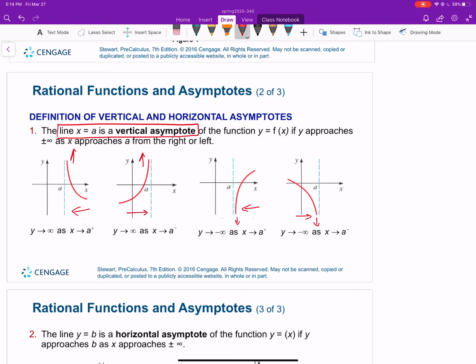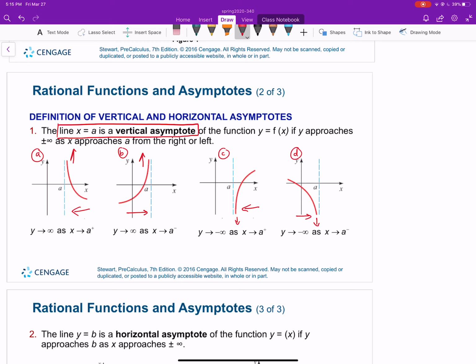So let's look at these scenarios. If I label this A, B, C, D, then combinations of these could happen. It's possible that a graph could just behave like A, B, C, and D. It's also possible to have a graph behave like A and B, that when you approach a from the left and a from the right, both of them are approaching positive infinity.